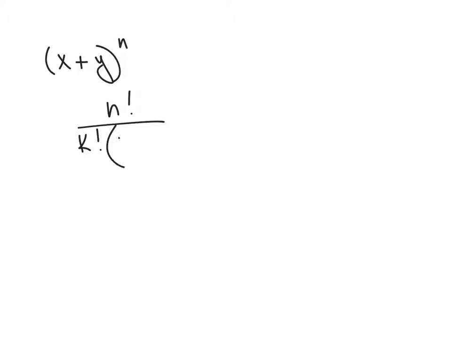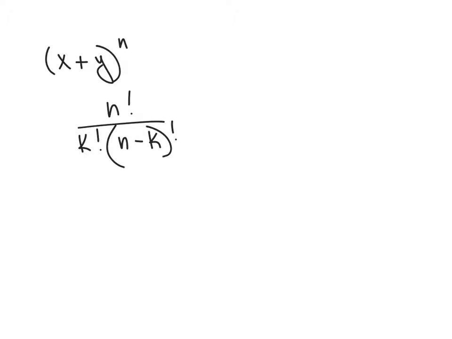Alright, so putting all these ideas together, we can see that the term for any binomial with any exponent is going to be equal to, this is the coefficient. I'm just writing this out in the longhand way.